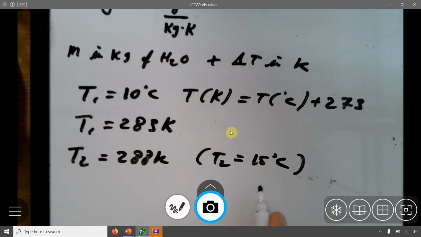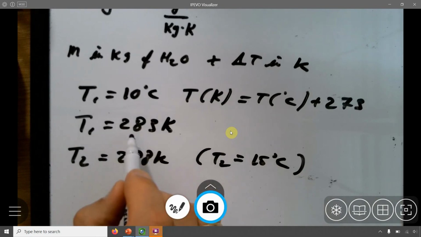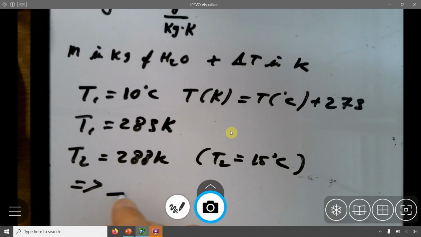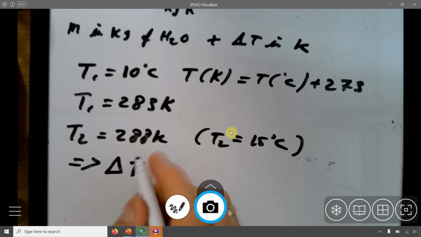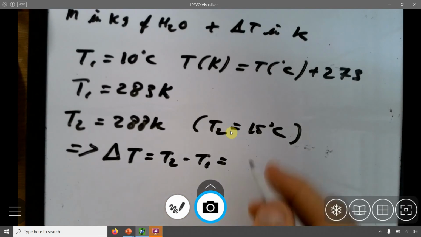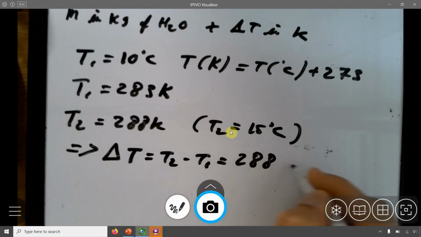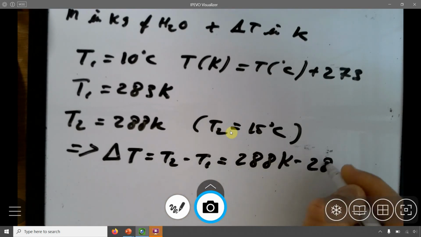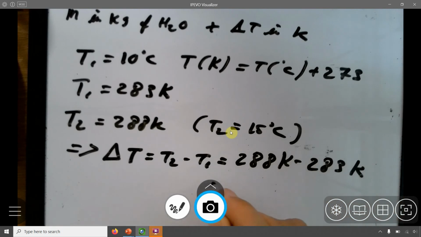So 15 plus 273, that's 288. 10 plus 273 is 283. That means my delta T is going to be T2 minus T1, which is 288 K minus 283 K, and therefore it's going to be 5 K.